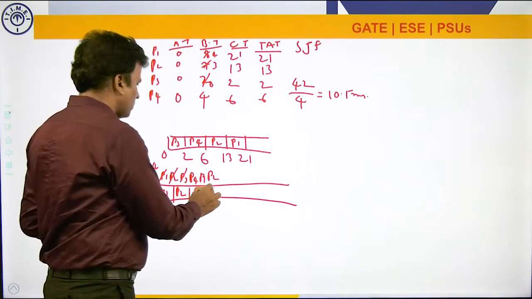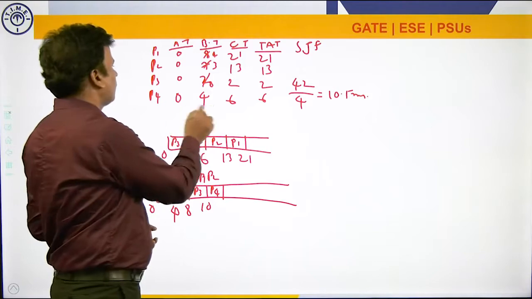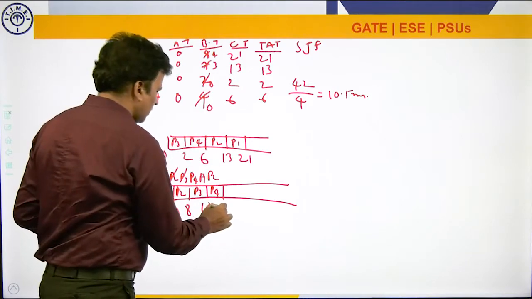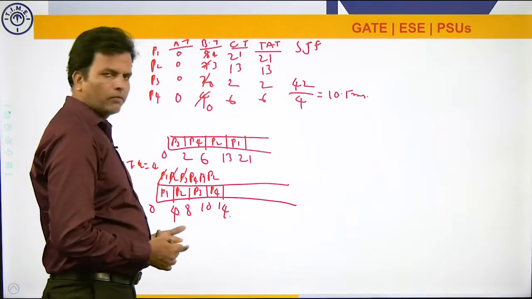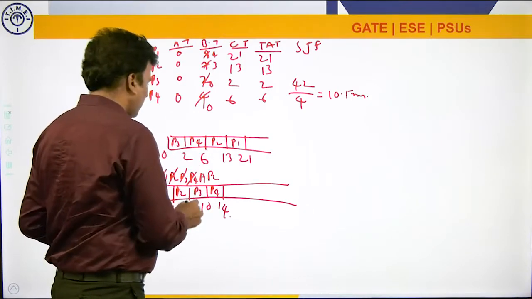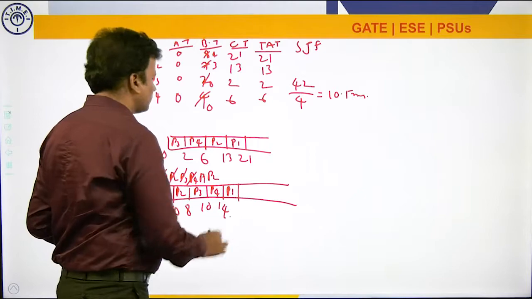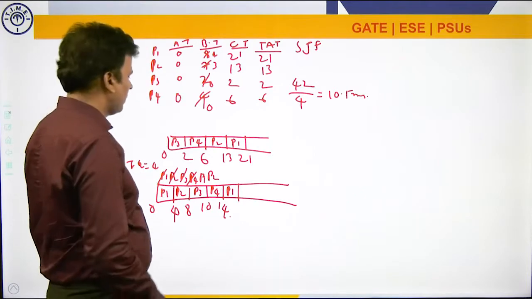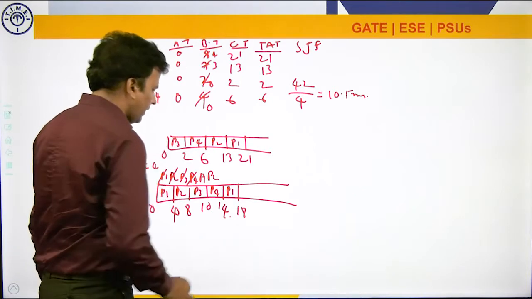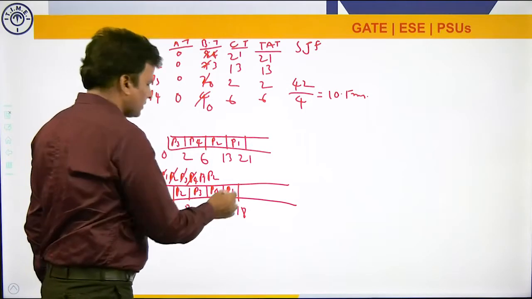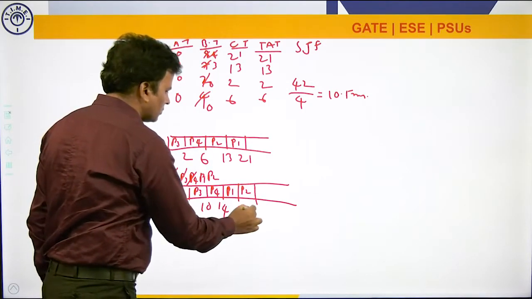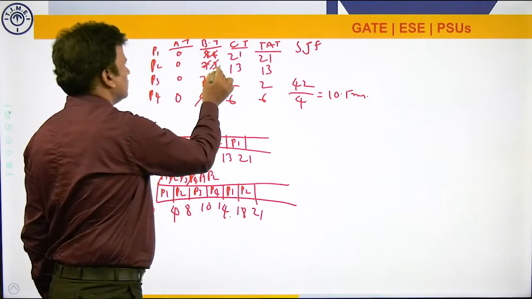Now I schedule P4, which runs for 4 units, so it is 14. No need to keep it back because it has finished its execution. Now P1 remains; I schedule it and it runs for the remaining 4 units of time, so it is 18. It is finished. Next P2 runs for 3 units of time, so it is 21, and the remaining time is 0.